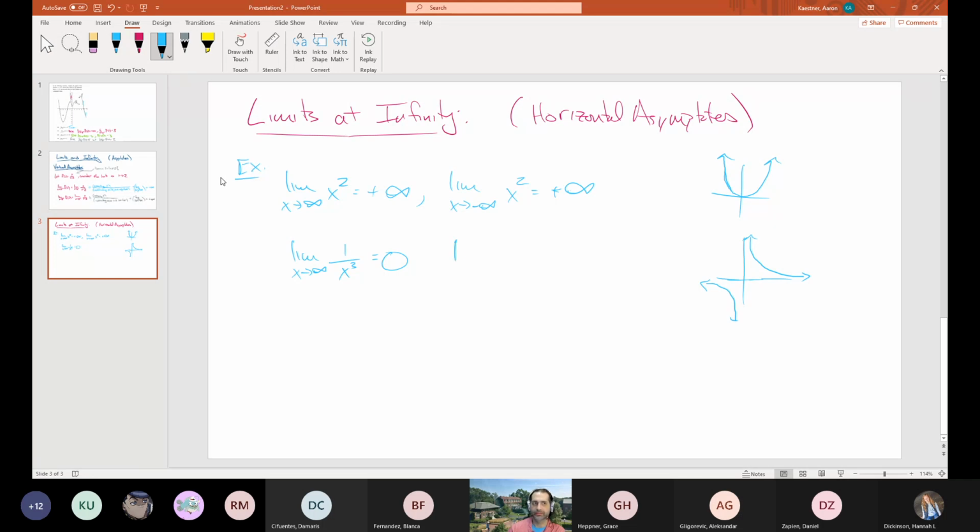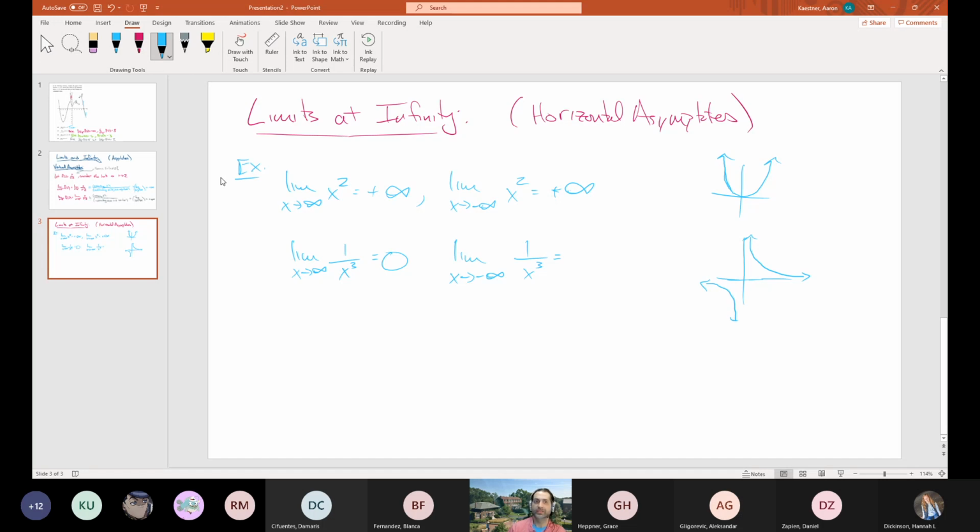Similarly, if I take the same function from the negative infinity side, well, if I cube a negative number, it stays negative. If I take three negative numbers and multiply them together, it's negative. So cubing a negative stays negative. But it's still becoming a small fraction, as small as I need.